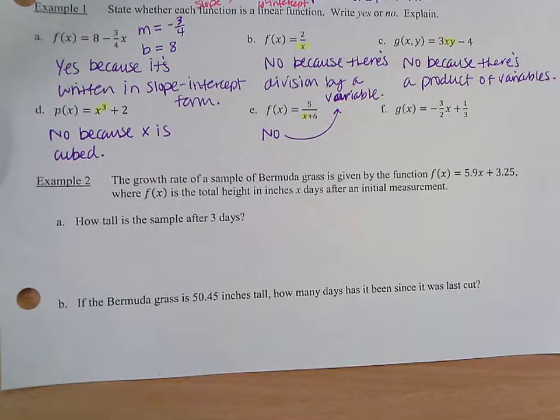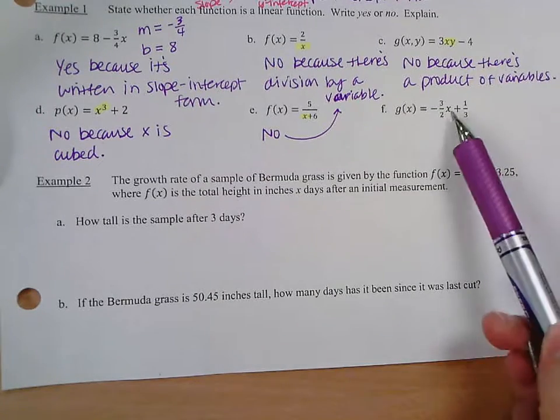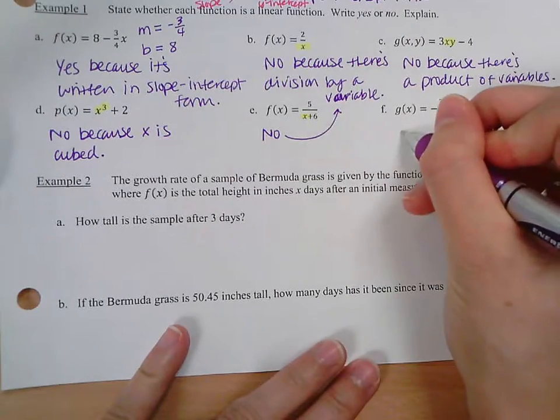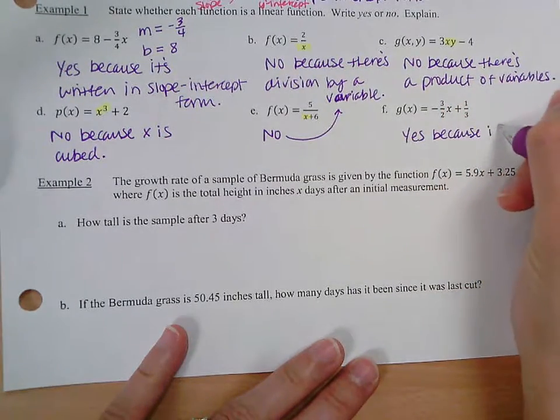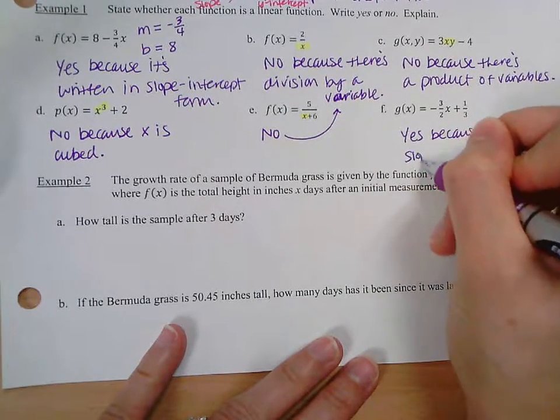And then F, we have g of x equals -3/2 x plus 1/3. Linear, yes or no? I heard some yeses. So yes, with fractions, not all fractions are bad. These don't have variables in the denominator. This is slope-intercept form. So yes, because it's in slope-intercept form.